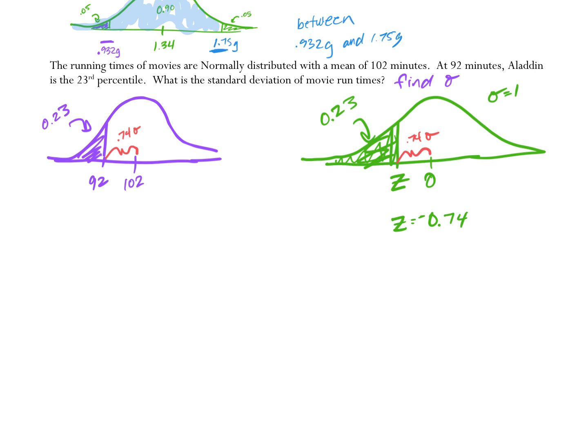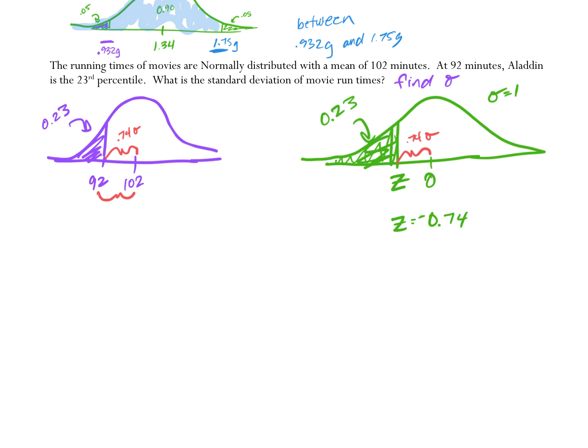Is everybody comfortable with this idea? What is this distance? If I don't think of it as the number of standard deviations, if I look at it on the axis, what is this distance? 10 minutes, yeah?